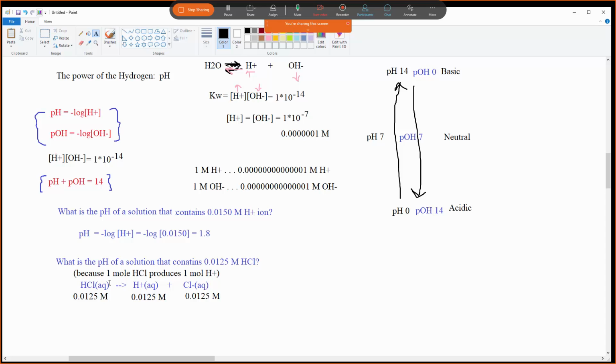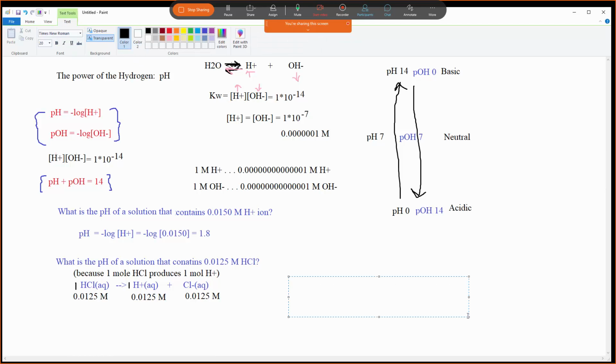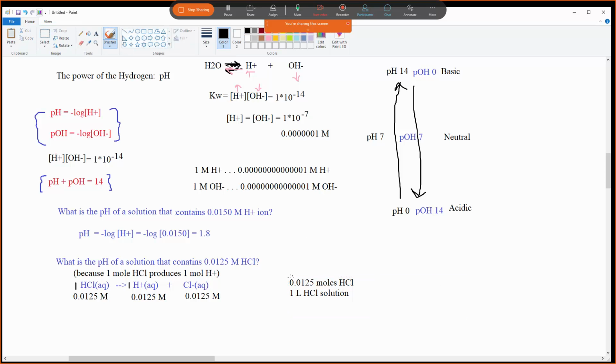Now this is like a reaction with coefficients. And we can do this dimensional analysis style and say, look, I've got 0.0125 moles of HCl in every 1 liter of the HCl solution. And we can see, okay, it's a 1-to-1.